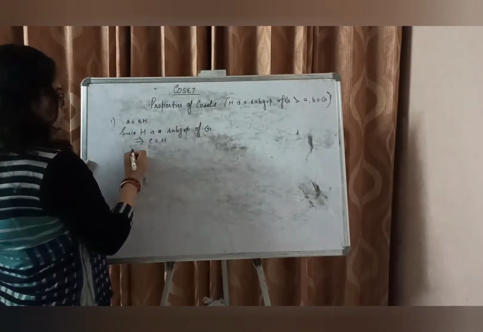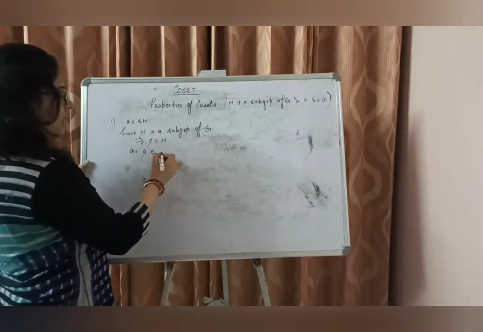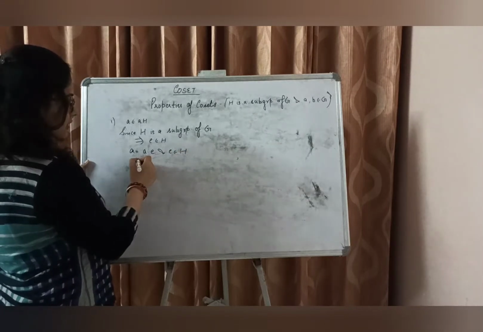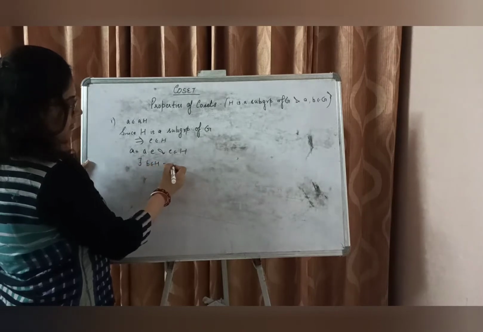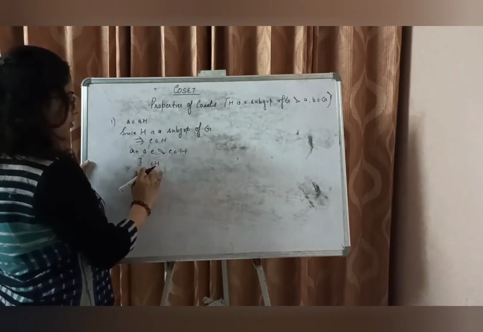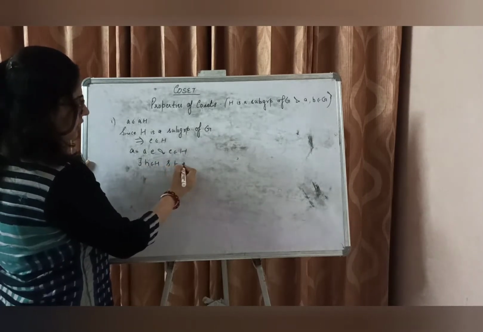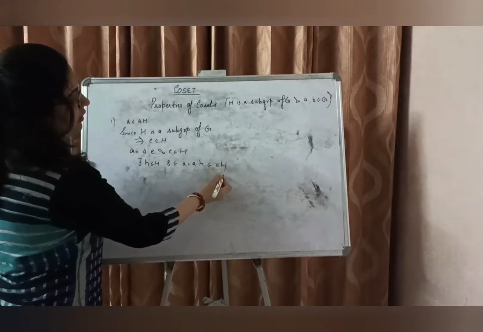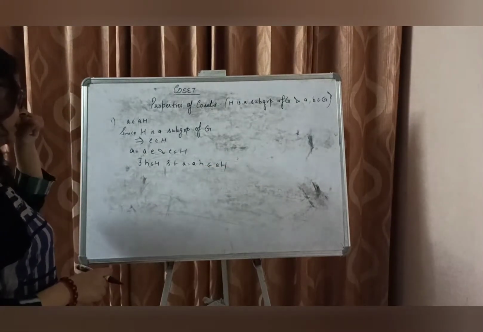So a can be written as a into e, and e belongs to H. So there exists h belonging to H, where h is e, such that a is equal to a into h. Therefore a belongs to aH.